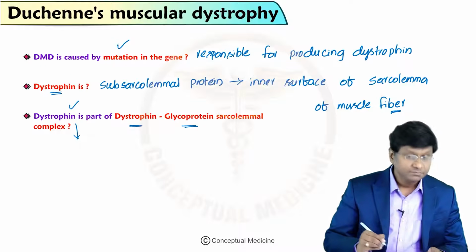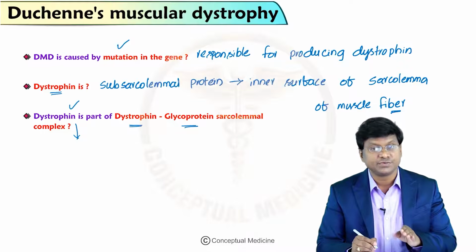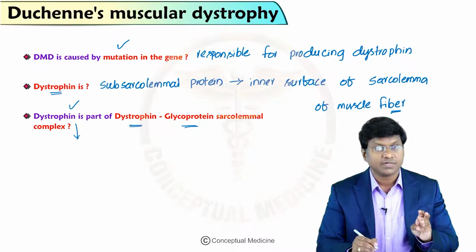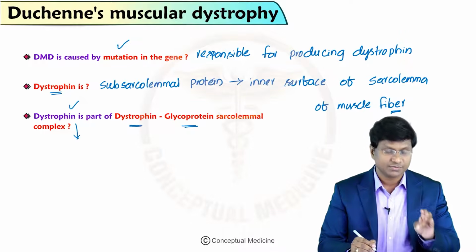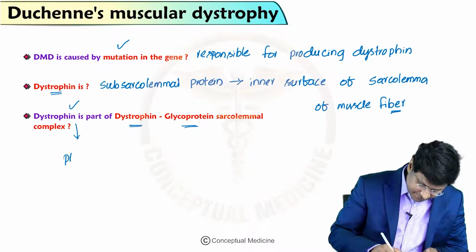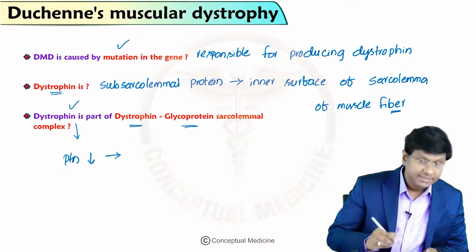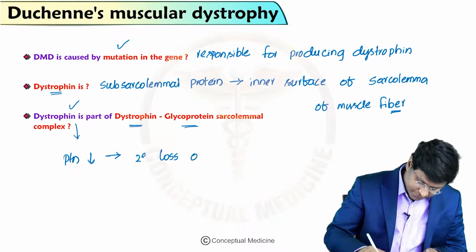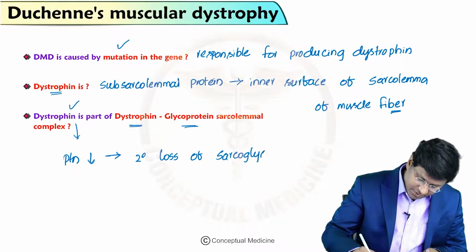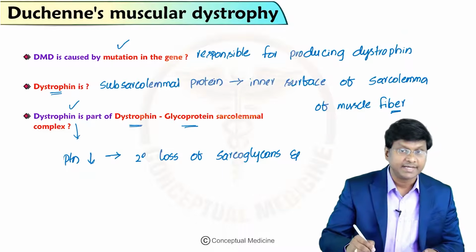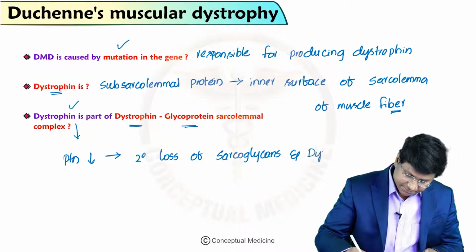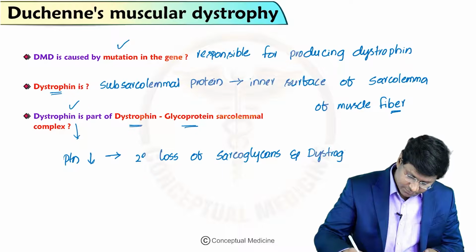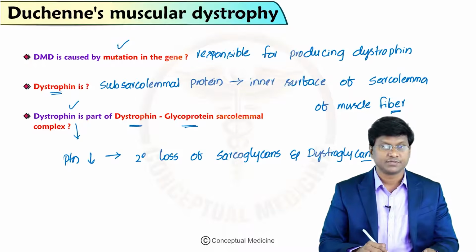And this protein deficiency leads to secondary loss of sarcoglycans as well as dystroglycans.